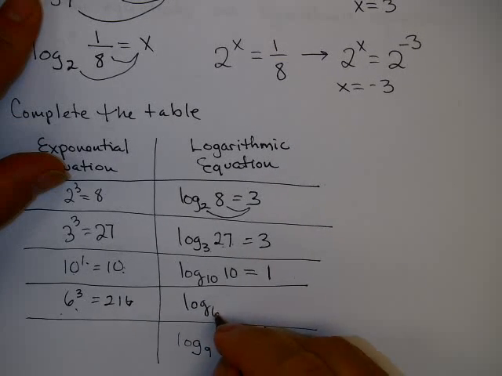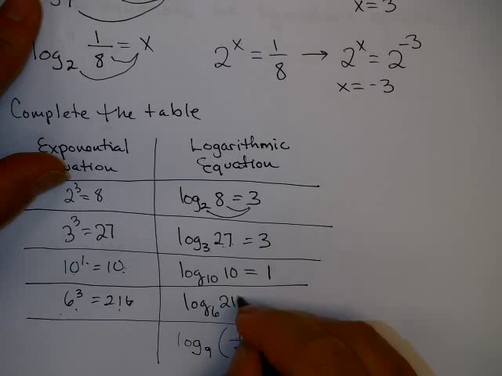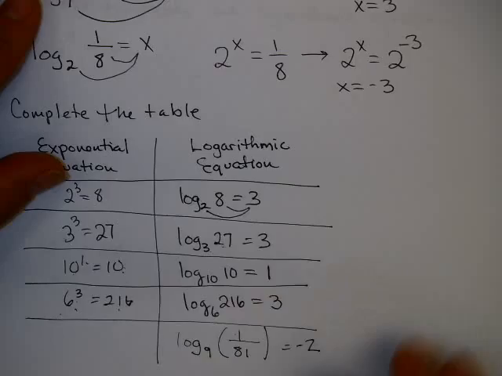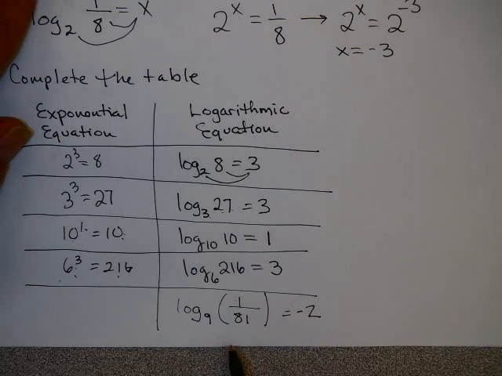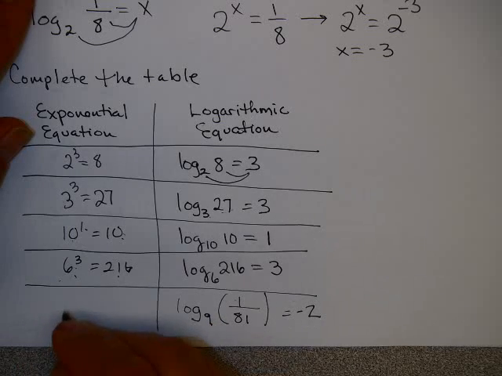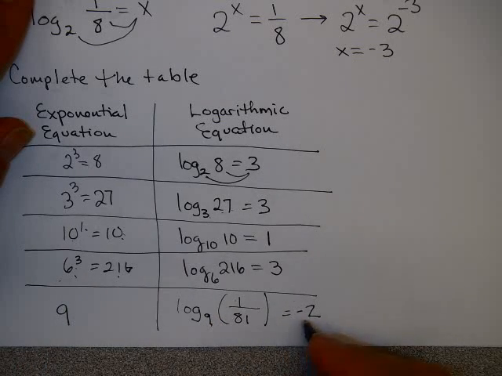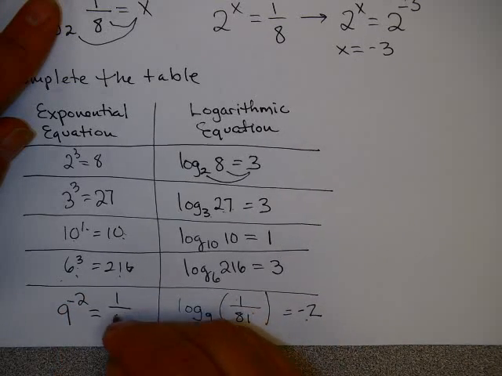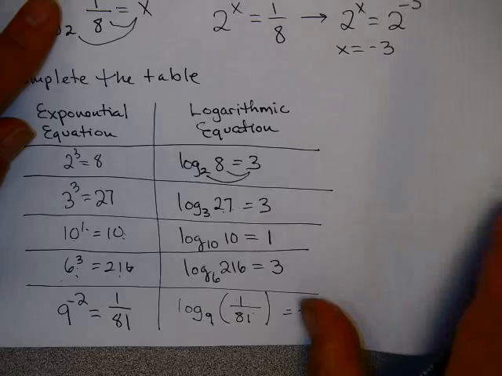Log base 6 of the answer, which is 216, equals the exponent, which is 3. See if you can do this one. I have a logarithmic equation. I'm going to write it as an exponential. I'm going to take the base, which is 9, raised to the exponent, gives me the answer, which is 1/81.